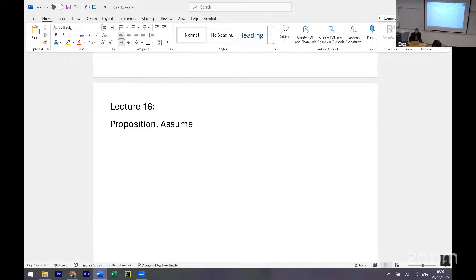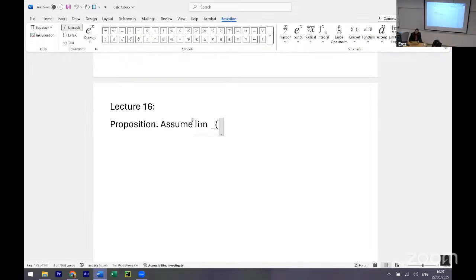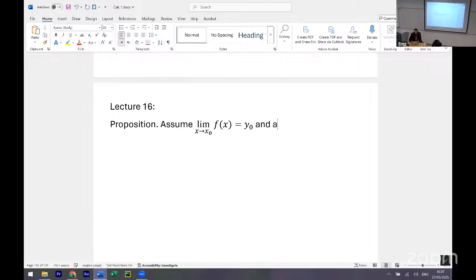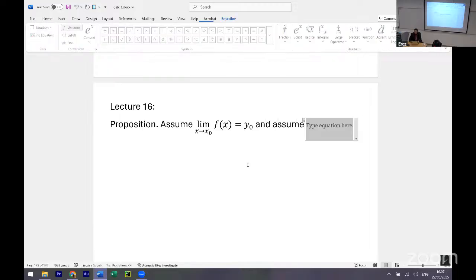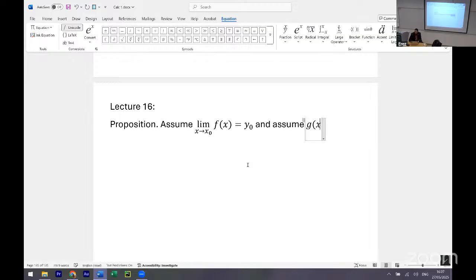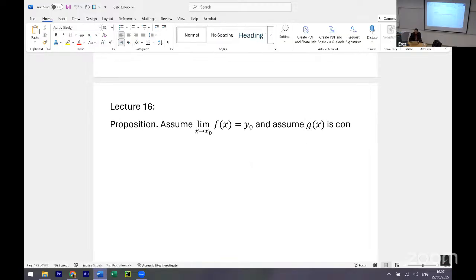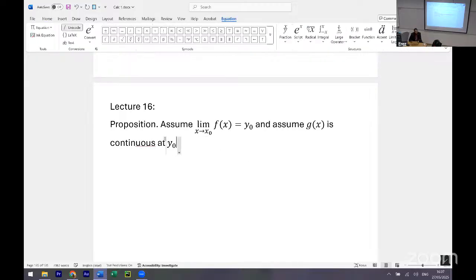Assume the limit when x goes to x0 of f of x is y0, and assume g is continuous at y0.